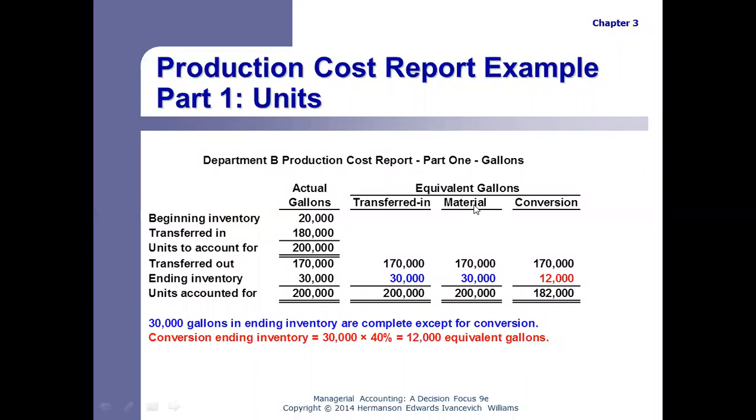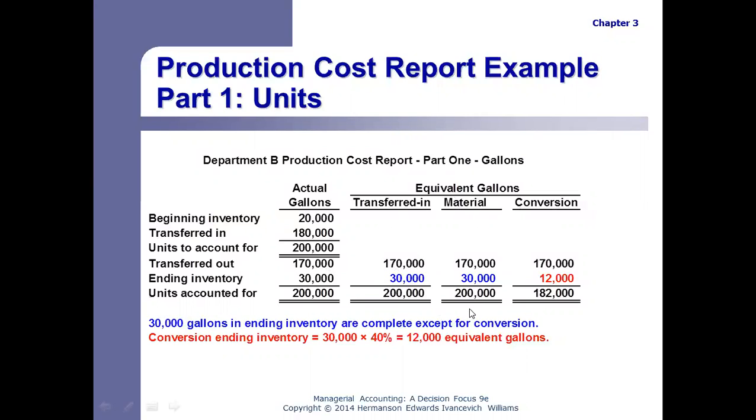We have to look at the equivalent units of materials and conversion costs. So this column here is just duplicating these two things right here. We're looking for equivalent gallons for materials and for conversion costs.